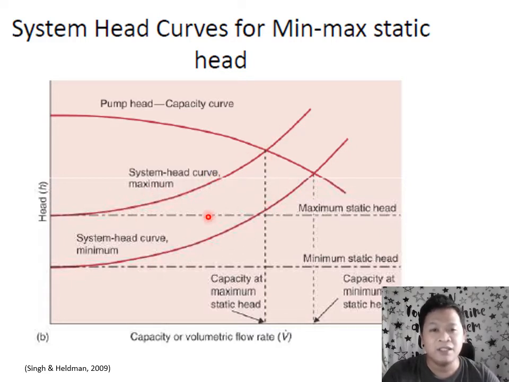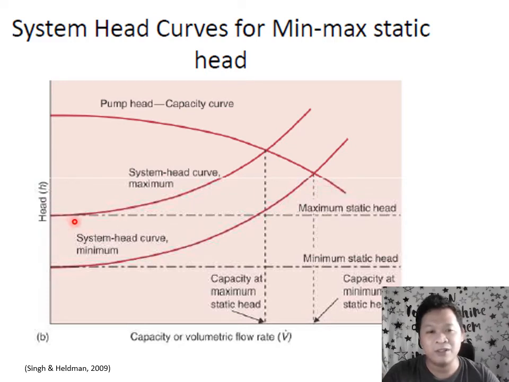Okay, here we can see naman na yung system head curve natin ay nag-shift, minimum and maximum head curve. Imagine nyo na lang yung tangke, di ba? Kapag nade-drain yung tank sa suction side, at the same time, tumataas yung level ng tank dun sa discharge side, nagbabago yung difference ng height nila, nag-i-increase yung gap. No? Kasi suction side bumababa, discharge side tumataas.